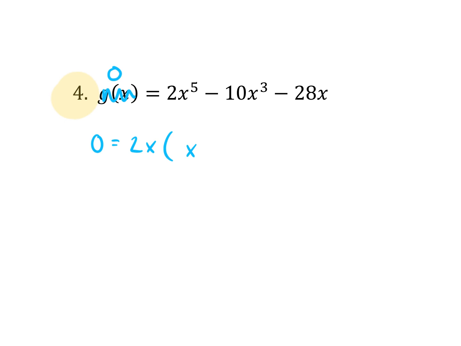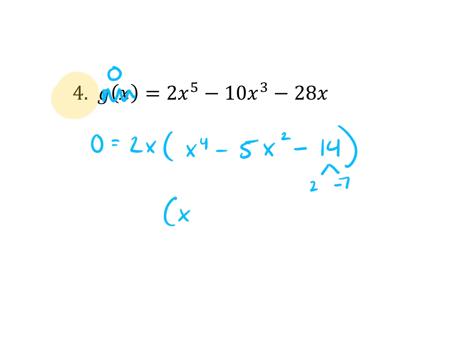We're left with x to the 4th power minus 5x squared minus 14. Now let's factor this. What are 2 factors of negative 14 that add to negative 5? Awesome. Negative 7 and positive 2.